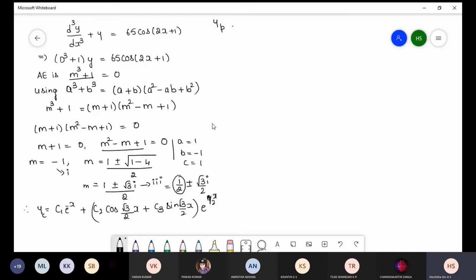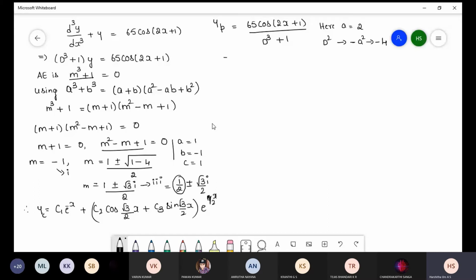Next yp. Yp means RHS divided by differential operator, that is 65 cos of 2x plus 1 divided by D cube plus 1. Here a value is 2. So D square should be replaced by minus a square, that is minus 4.